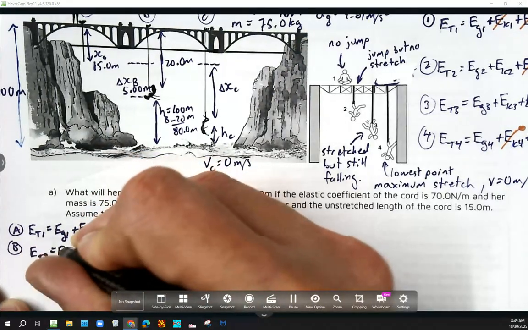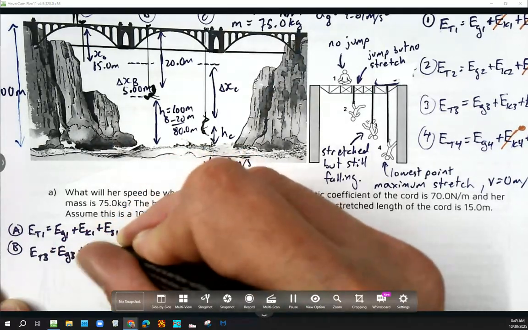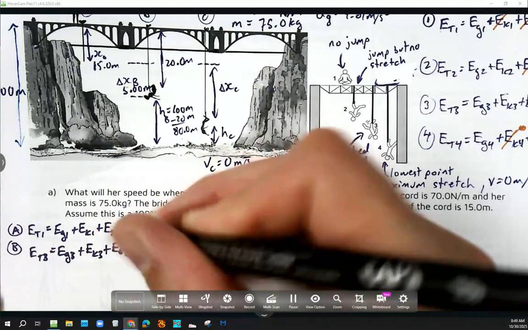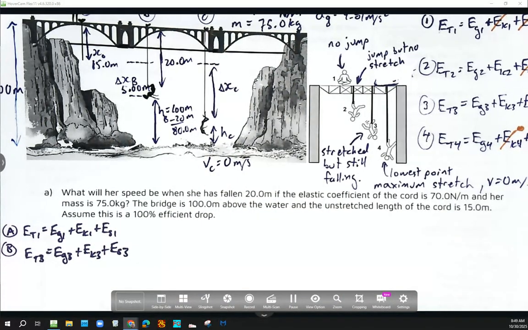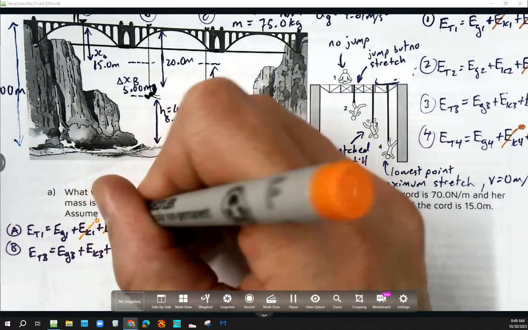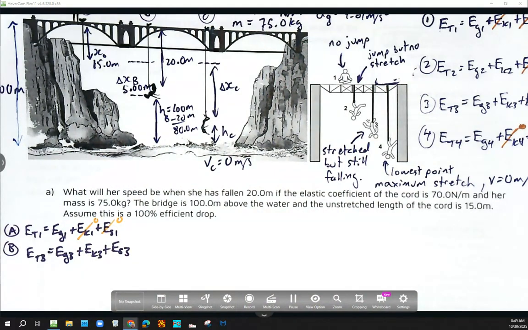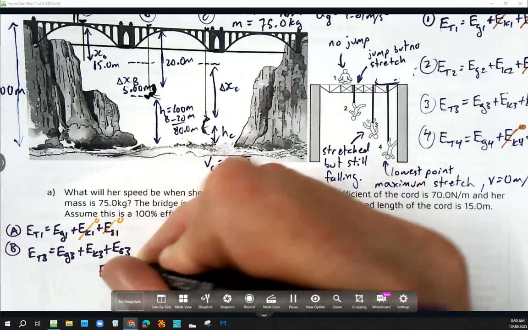ET3 is equal to EG3 plus EK3 plus ES3. We could have called it EG2, EK2, and ES2, but I'm going to be consistent with those guiding equations up above. What we've already said is that for scenario A, these guys are gone. And if we're going to claim conservation of energy, then E total 1 is equal to E total 3.